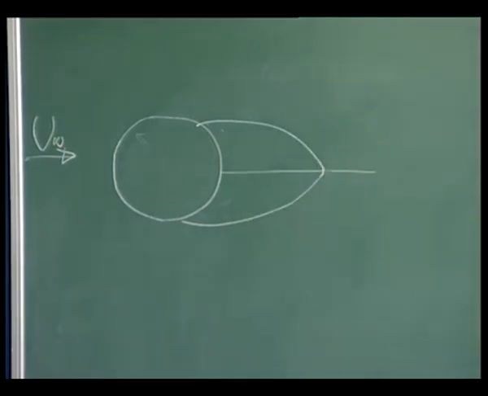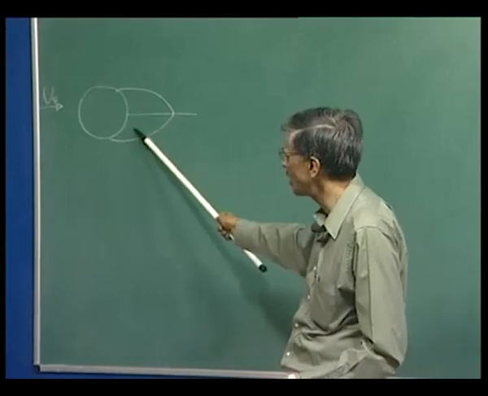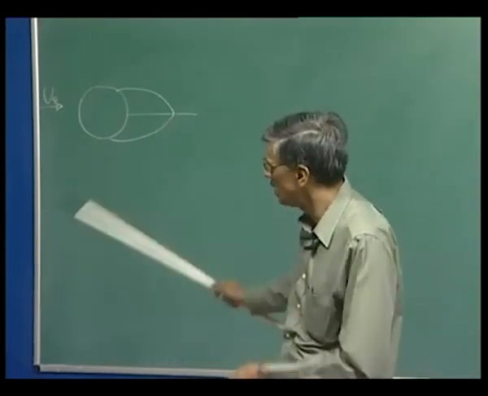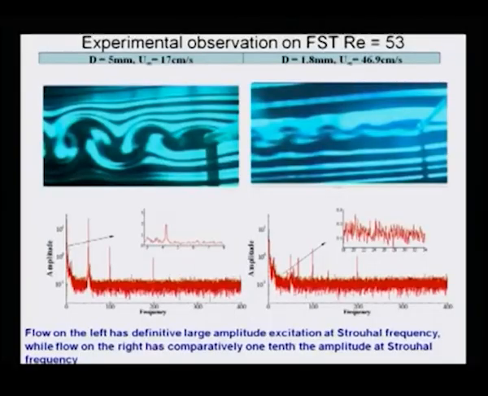But then the cycle reverses: this one starts growing and that remains quiescent, and this is what you are seeing here.